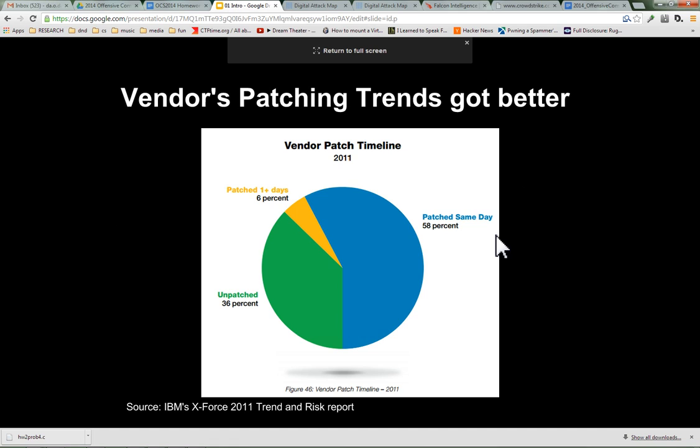And so, as it stands today, vendors are pretty good at patching things across the board. There are still bad apples, but this report that I'm citing, the companies that they surveyed measured that 58% of all the companies patched the same day that bugs were disclosed to them, which is pretty impressive.